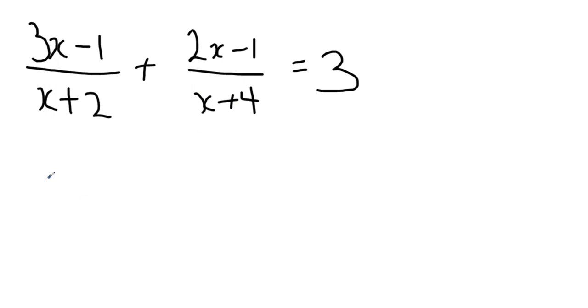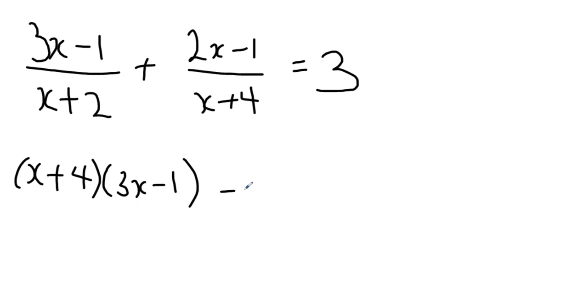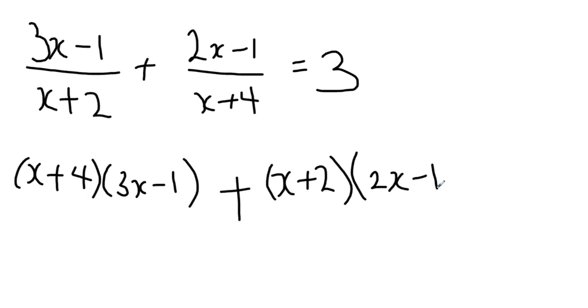So if I do that on the top bit, which is x plus 4 bracket 3x minus 1, plus this part, I'm going to multiply this part by x plus 2, all bracket, and then multiply by the top bit, which is 2x minus 1.